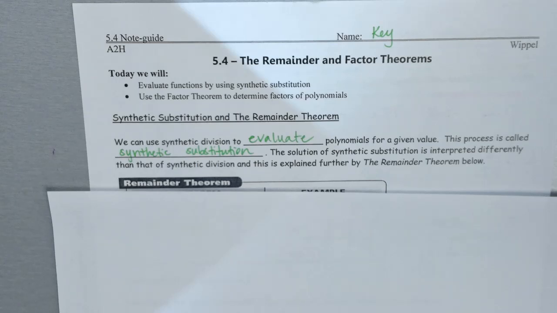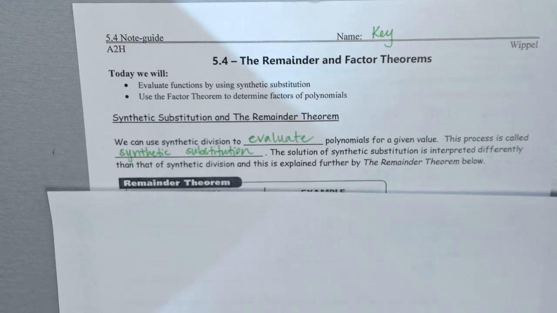So we can use synthetic division to evaluate polynomials for a given value, and we call that synthetic substitution. It's an alternative way to do direct substitution, but we interpret the answer differently, and that is what we are going to look at below.